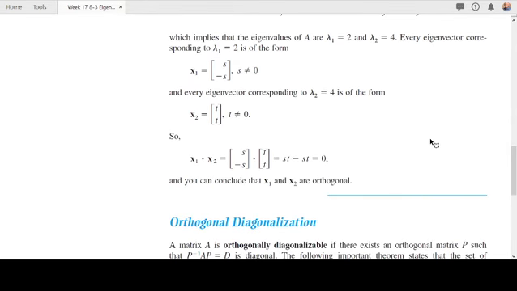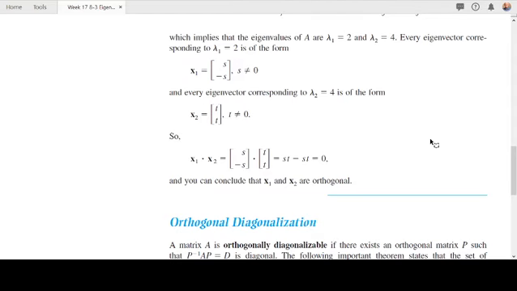You go through the process and you find the basis for each eigenspace. The solution space for lambda 1 is (S, negative S). The solution space for lambda 2 is (T, T). So when you take their dot product, you get 0.